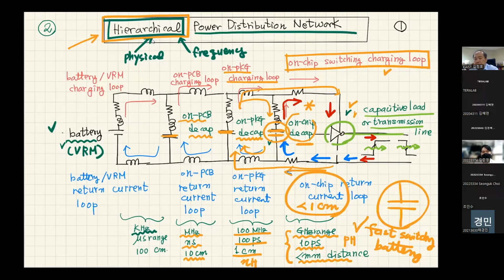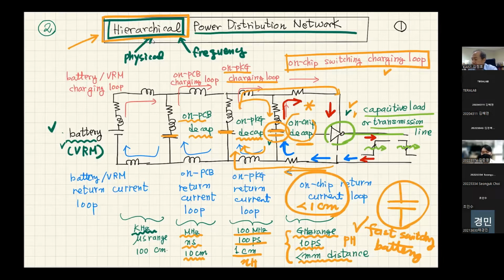On-chip decoupling capacitor has a minimal amount of capacitance because of the area limitation of the semiconductor, but it is very close to the I/O or core circuit. So it is more responsible for very high frequency switching current. Because it has self-inductance and capacitance, it has a self-resonance frequency.